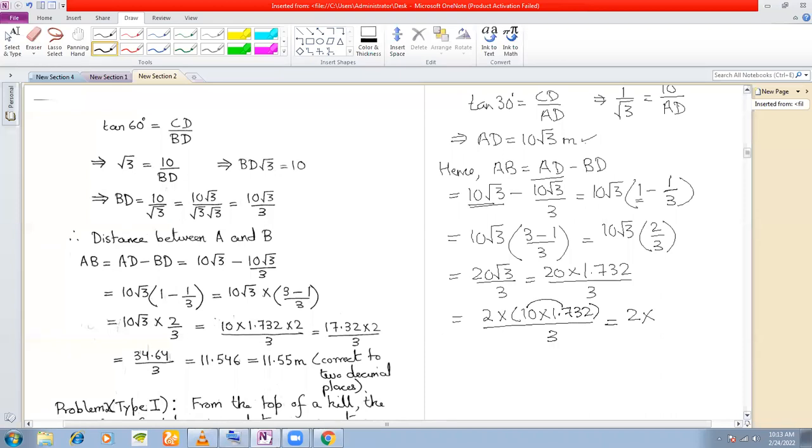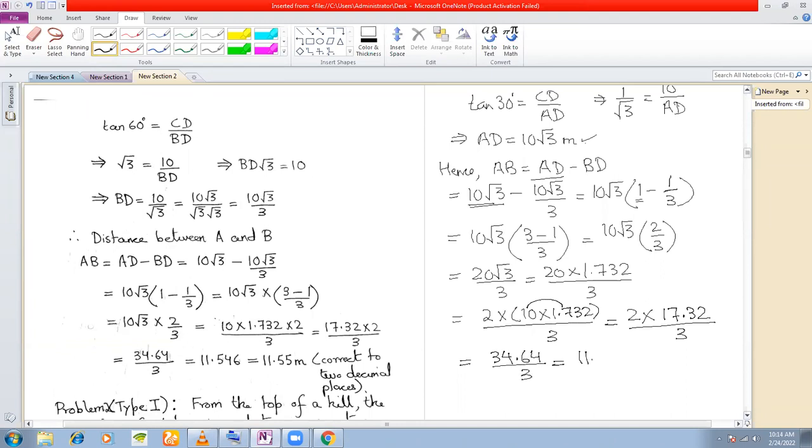Because you are multiplying with 10, one decimal will shift. So you get 2 into 17.32 divided by 3. If you multiply the numerator, you will get 34.64 divided by 3.